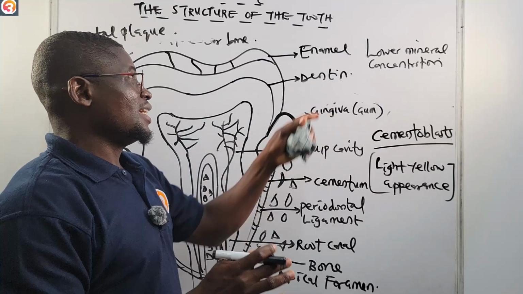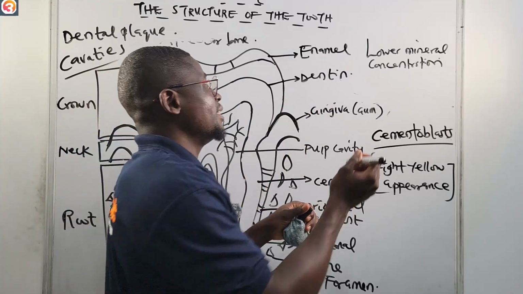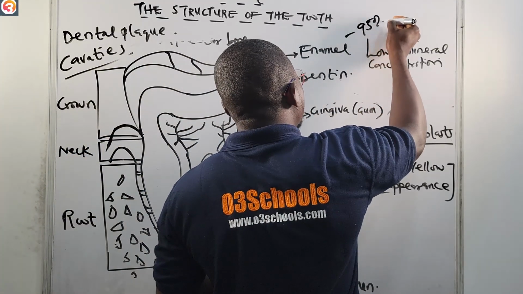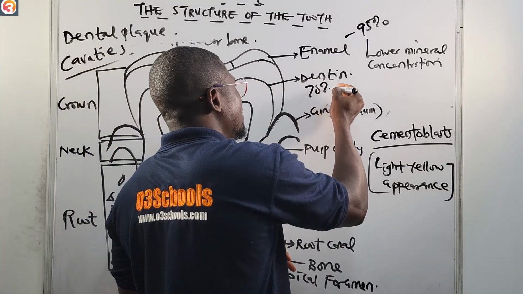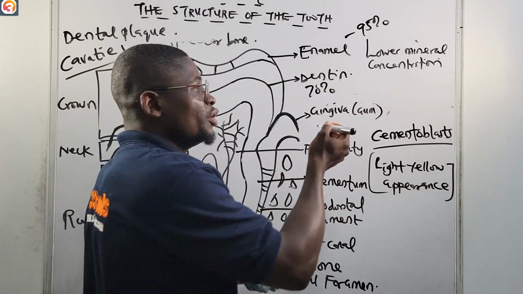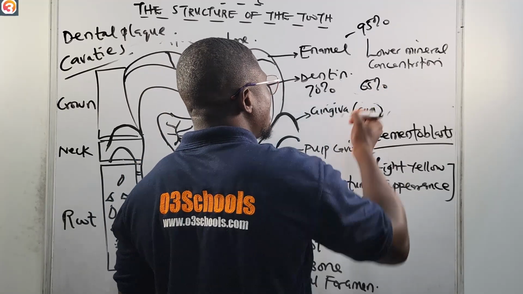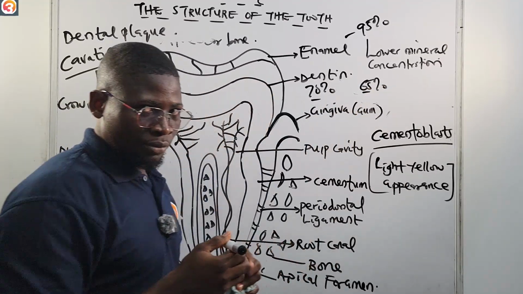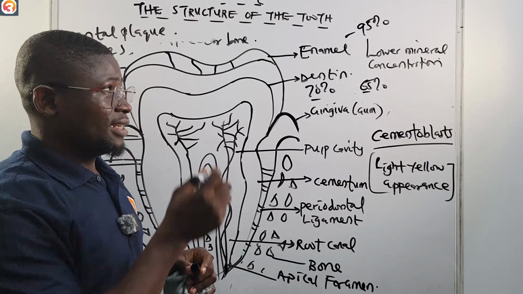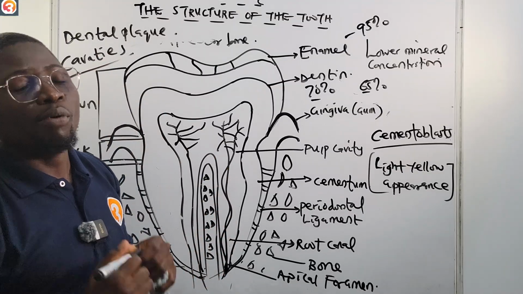Like I've told you, the enamel is the hardest substance in the human body, containing about 95% mineral content. The dentin contains about 70% mineral content. Even the bone in your body contains about 65% mineral content. That means the dentin is even harder than the bone. So in terms of hardness, it's enamel, dentin, then bone.